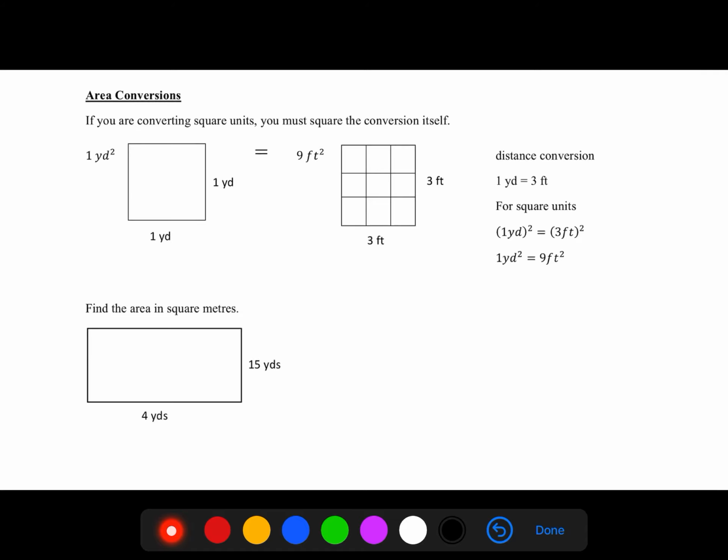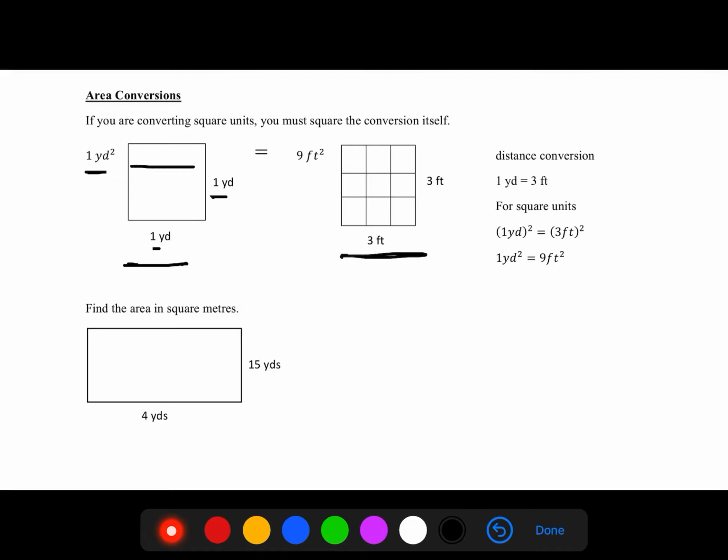Okay, now we know how to convert linear measurements, which means one-dimensional, straight lines. If we're going to look at area conversions, because we're using square units, we have to alter our conversion. So if we have 1 square yard, we know that it's 1 yard times 1 yard.